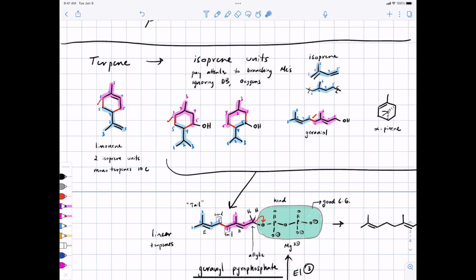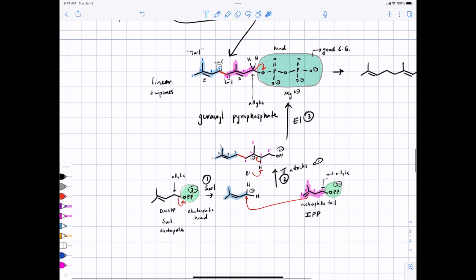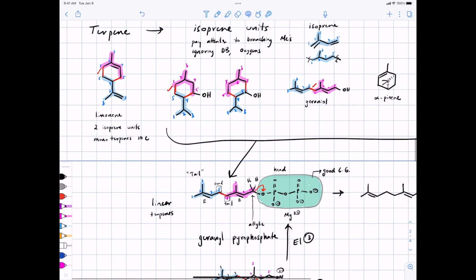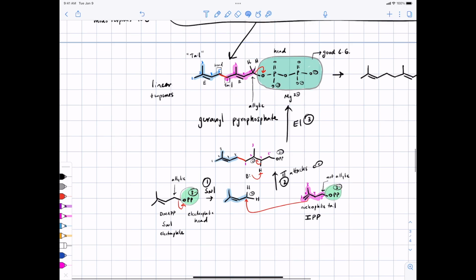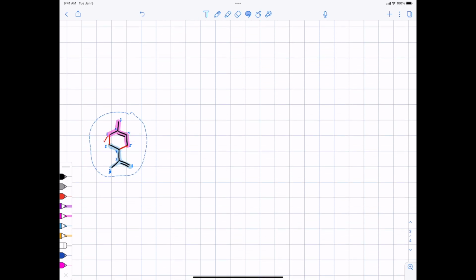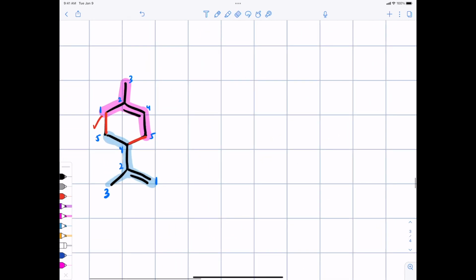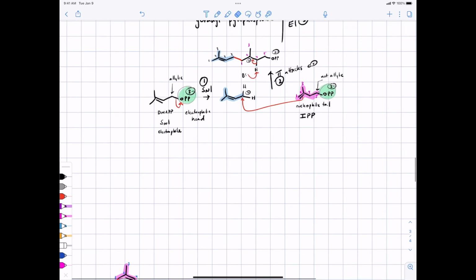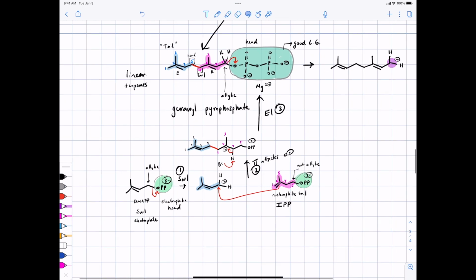All right. So to do this, let's actually copy the structure of limonene. And let's also copy the structure of geranyl pyrophosphate, whatever.